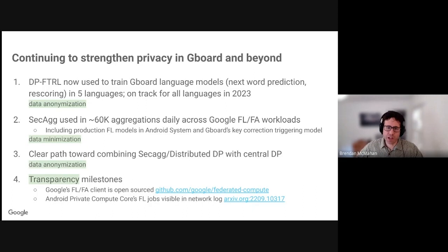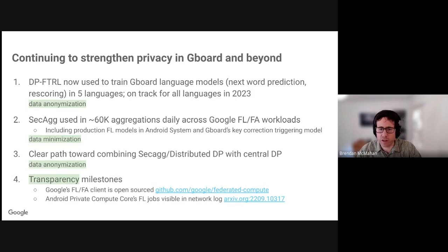And that includes production FL models trained for the Android system, as well as Gboard's key correction triggering model. So we've been experimenting with SecAgg and Gboard for multiple years, and getting to this milestone has taken multiple iterations of infrastructure improvements as well as algorithmic improvements like subgraph SecAgg. So this has been a long time in the works, and we're continuing to push SecAgg forward to more and more applications.